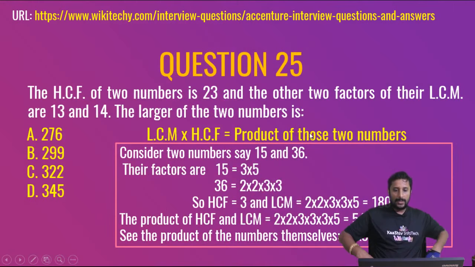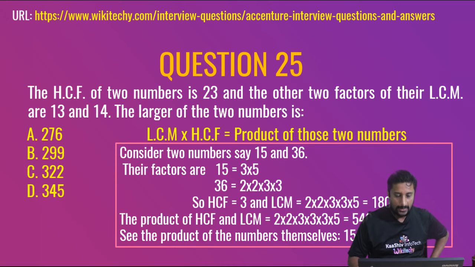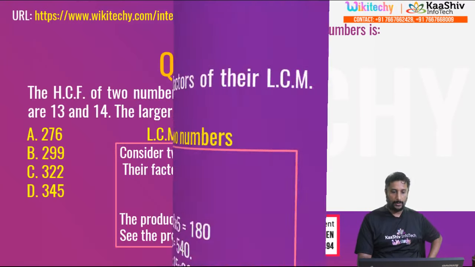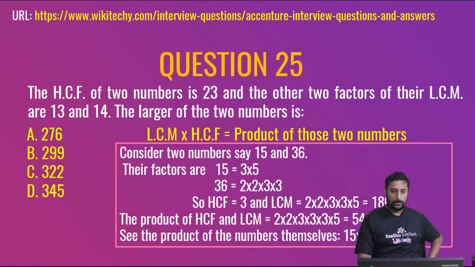Is there any wild guess I can make? What is the larger of the two numbers? I can't guess it, so let's see how we can proceed. Maybe it is 23 into 14, because that is a big number.